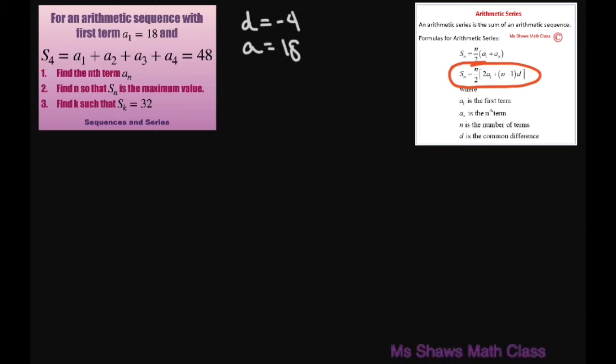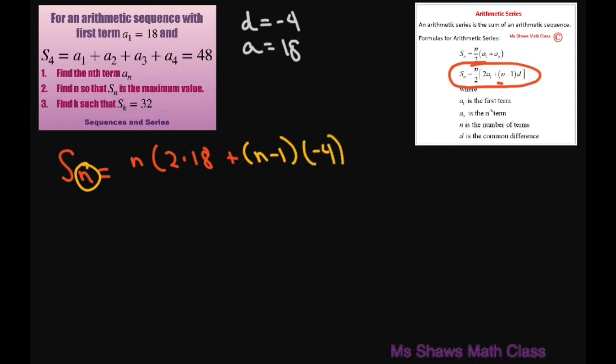So s sub n equals n times 2 times 18 plus n minus 1 times negative 4, and this is all divided by 2.